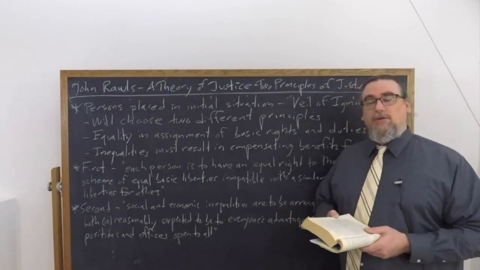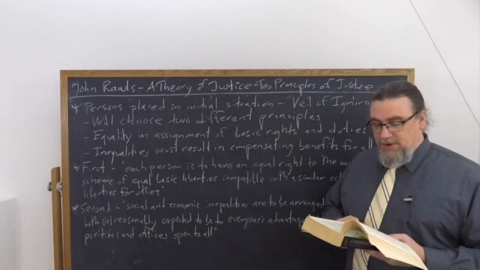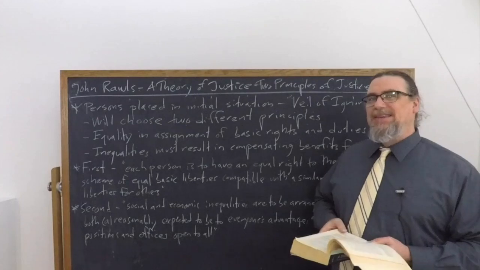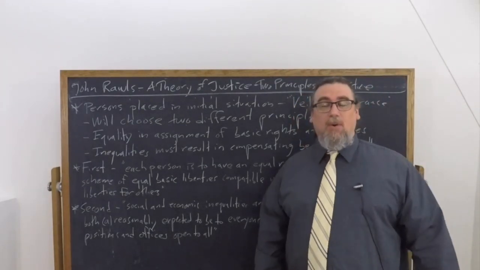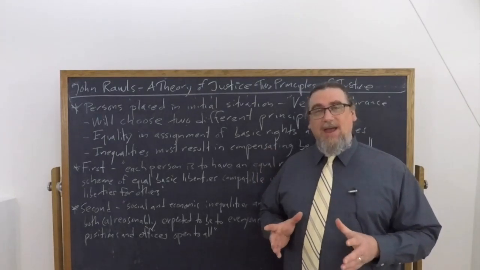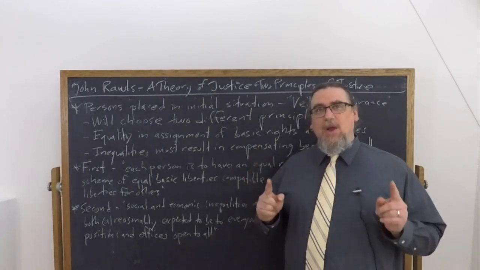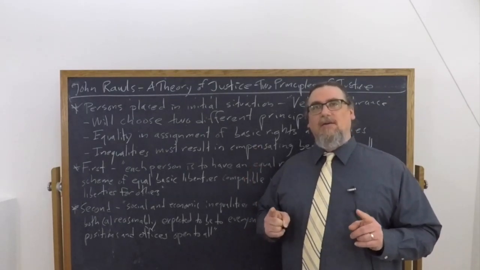So now we're getting to things that are quite important. He says, while the distribution of wealth and income need not be equal, it must be to everybody's advantage. That's a very telling point. If you want to have a just society, you can certainly have inequalities, but those inequalities must work out to the advantage of everybody.